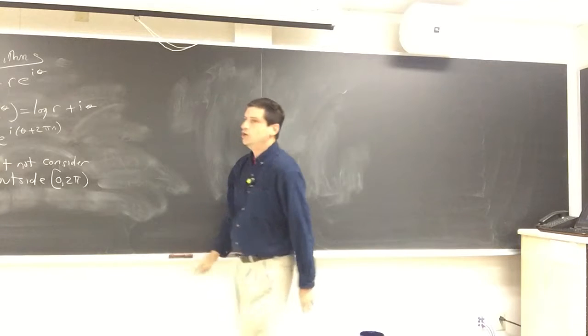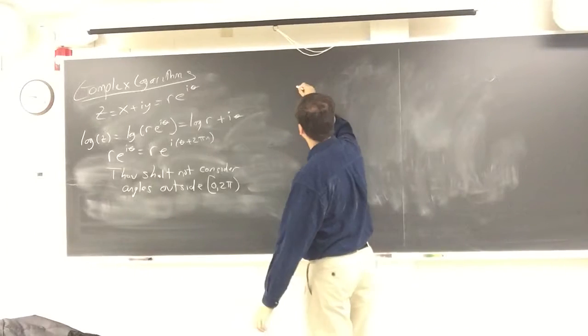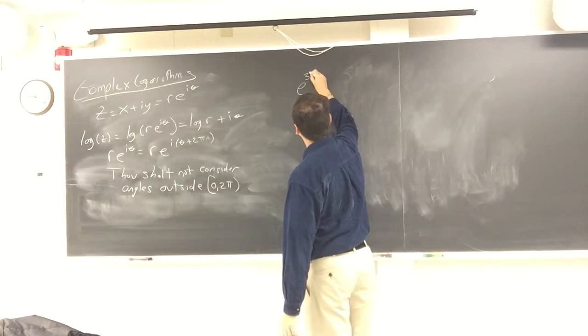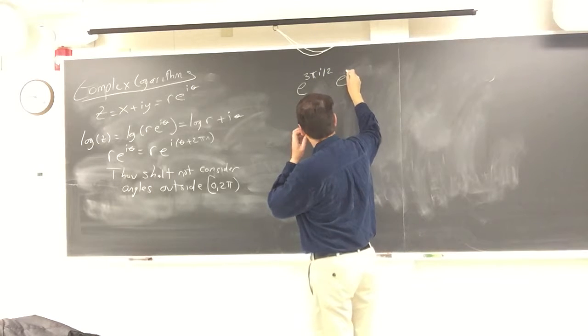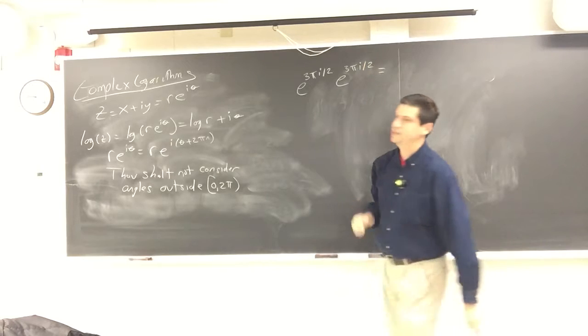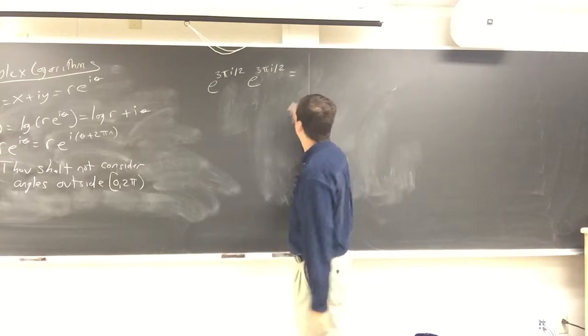So the question is, will the log of a product be the sum of the logs? So if we take, for instance, e to the 3 pi i over 2, e to the 3 pi i over 2, what does that equal? e to the 3 pi i, which is e to the pi i.